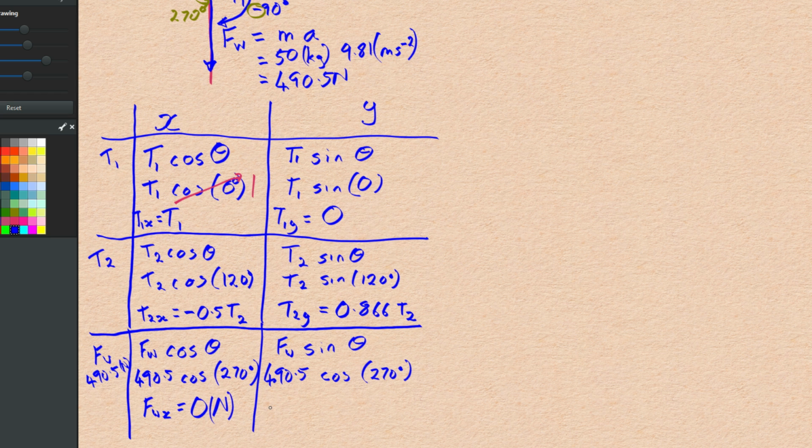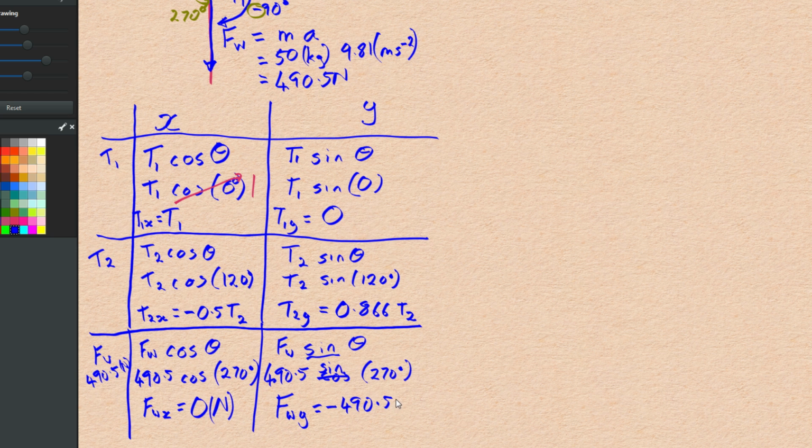If we type out 490 sine of 270, because we've already done cos, I could see that I've made a mistake with my lovely table. 490.5 sine of 270 gives me minus 490.5. FW in the y direction is minus 490.5 because it goes in the opposite direction to our positive y axis direction.